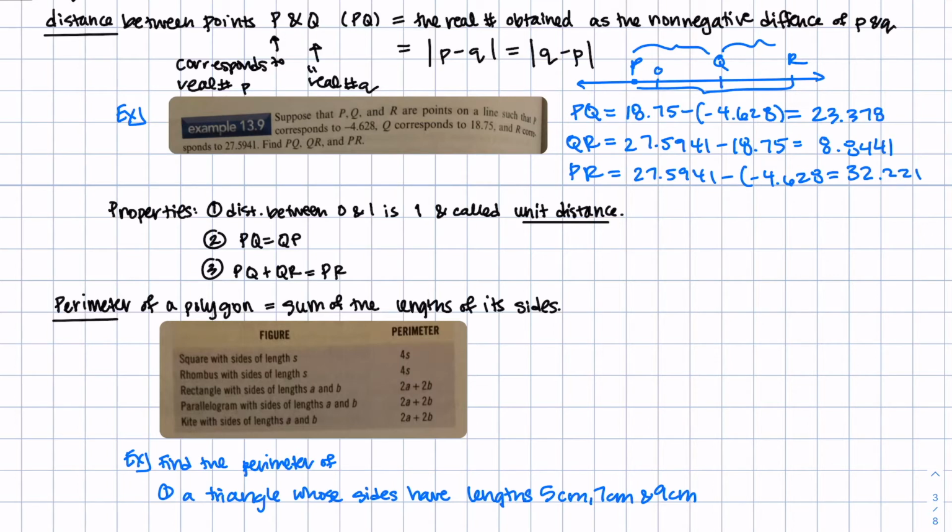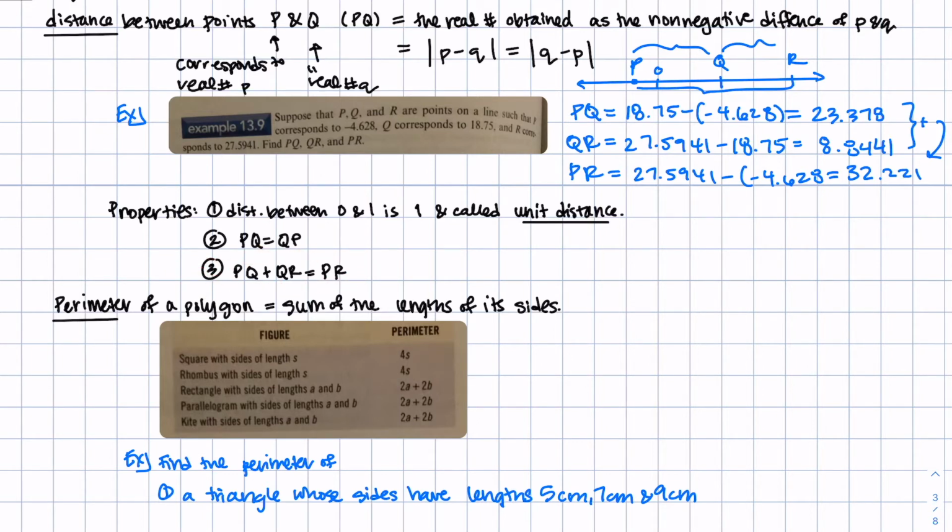And so that means if I add these 2 distances, I get this. So if I add this 23.378 and 8.8441, I should get 32.221. And that's what this third property says.